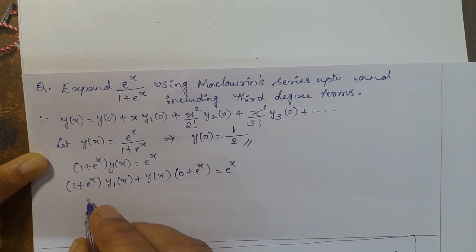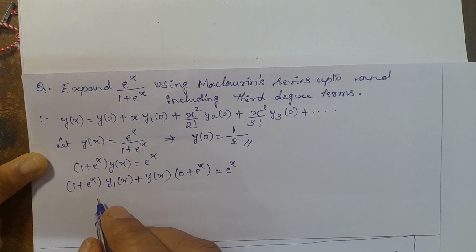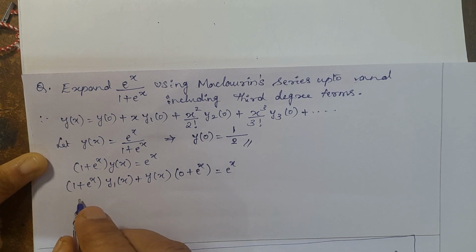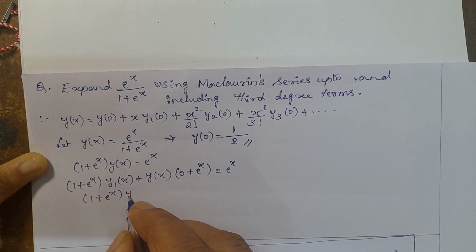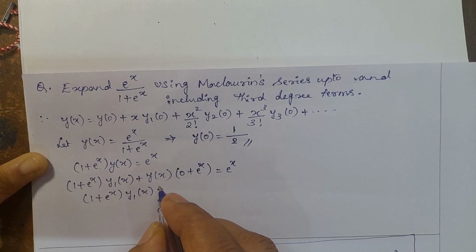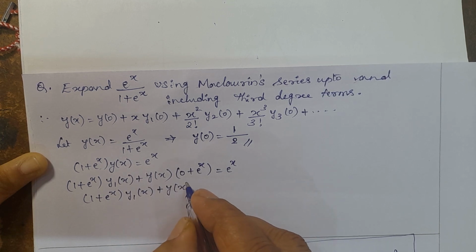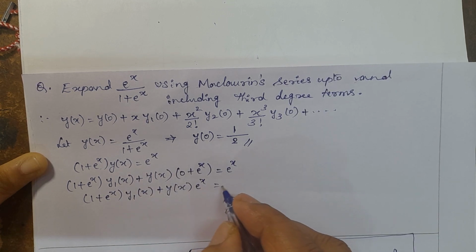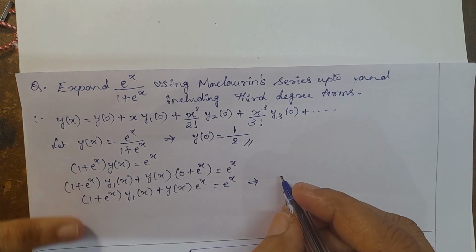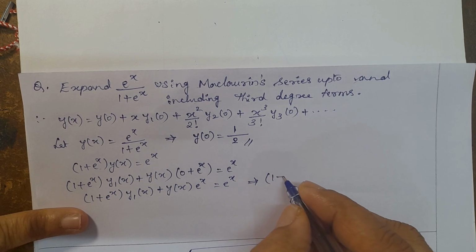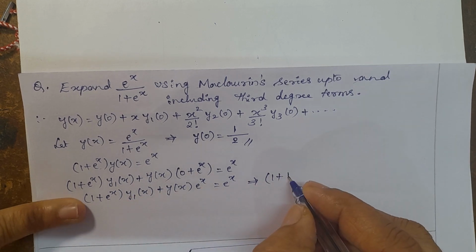Okay. Next, so here at x equal to 0. 1 plus e power of x y1 of x plus y of x e power of x equal to e power of x. At x equal to 0, so 1 plus e power of 0 is 1.